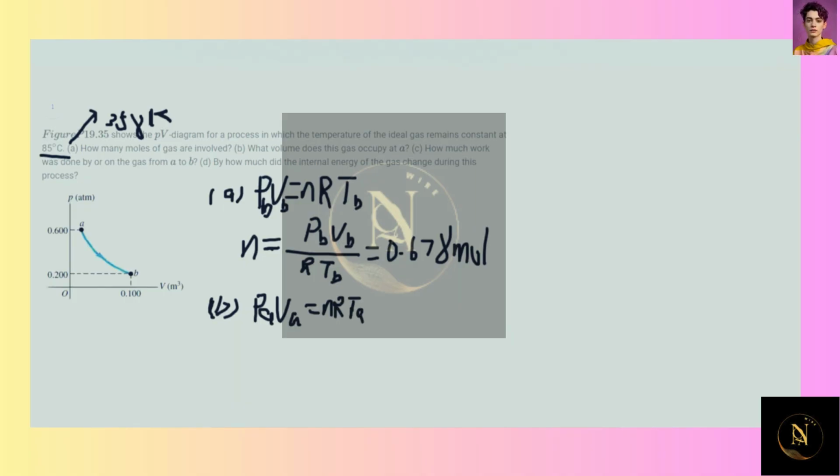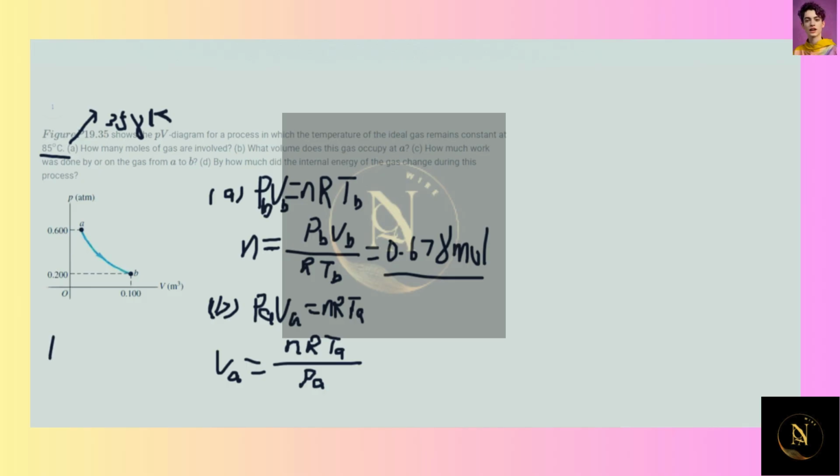VA, the volume at state A, is going to be nRTA over PA. And n is the one that we found here. TA is the same, 358 Kelvin, and PA is given as 0.6 atm.